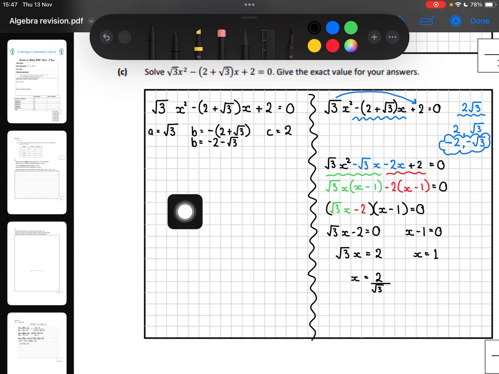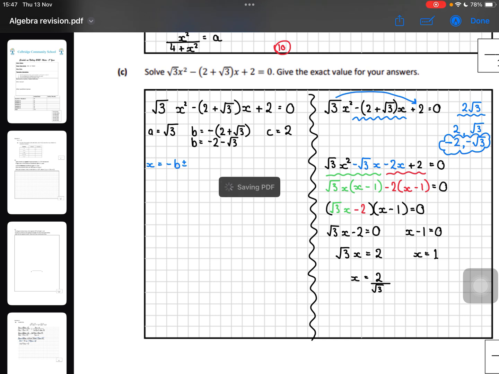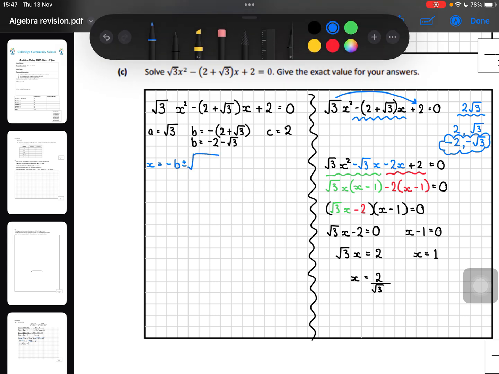Okay, so that's one way of doing it out. This other way, if I just really quickly go through it, my minus b formula. So x is equal to minus b plus or minus the square root of b squared minus 4ac all over 2a.